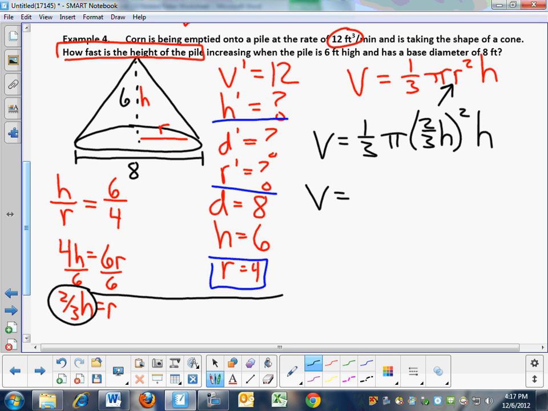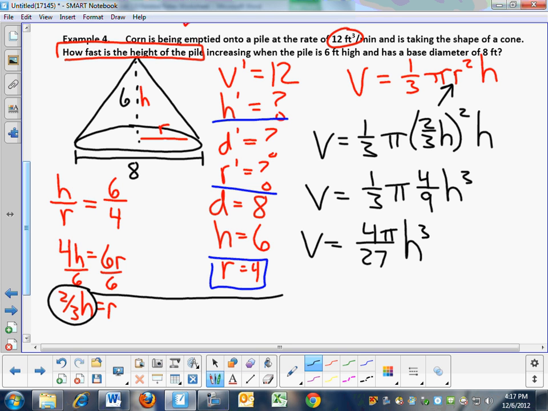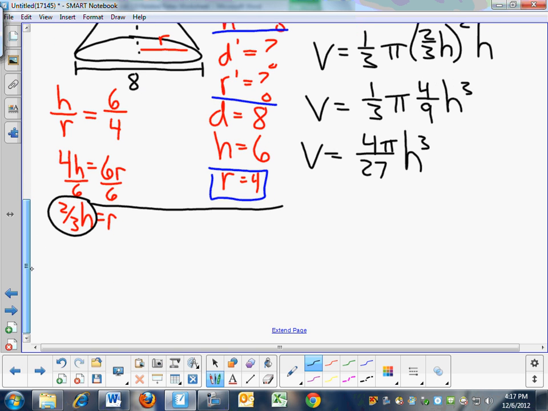So the volume is equal to 1 over 3 pi 4 over 9 h to the third. We multiply that. We get volume is equal to 4 over 27 times pi times h to the third. There. Now we've got a volume formula written in terms of h.